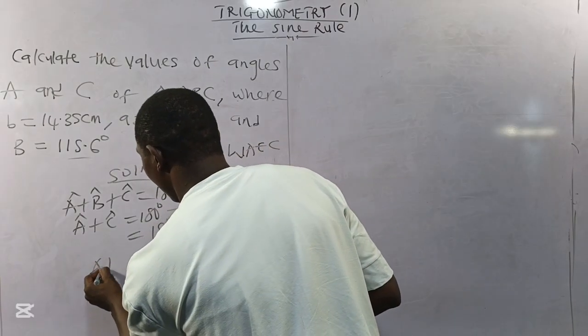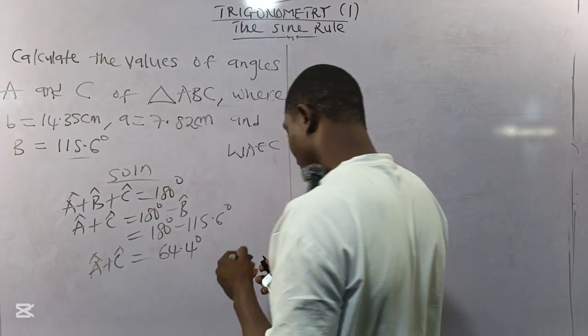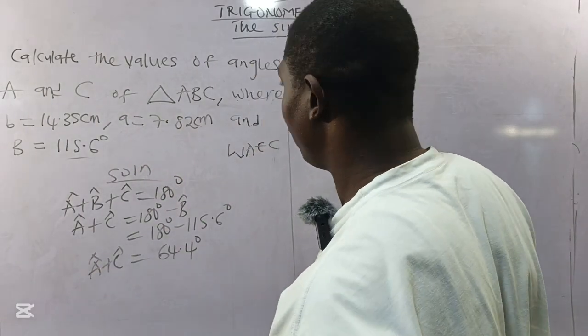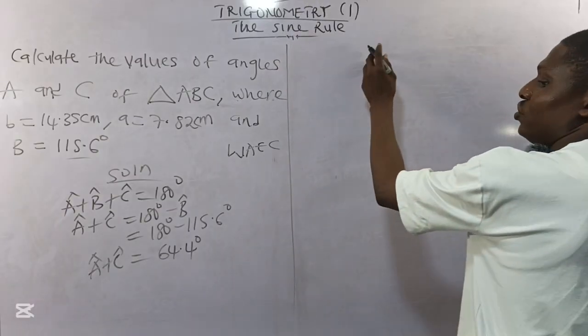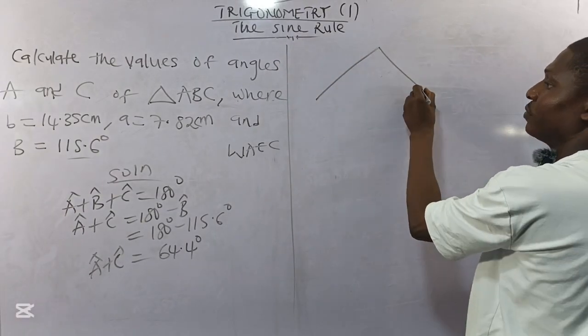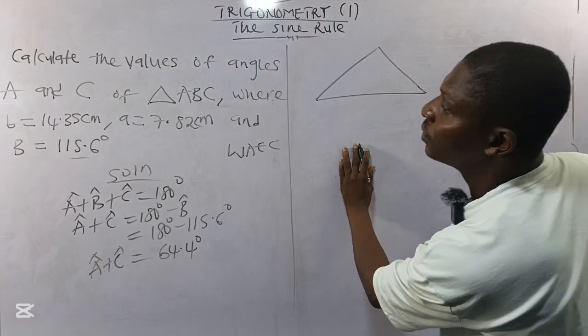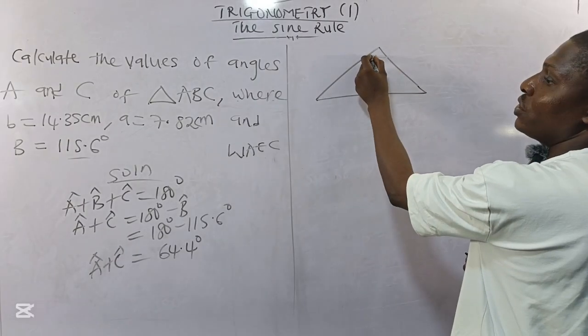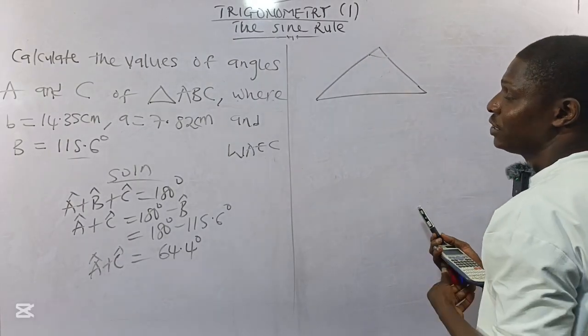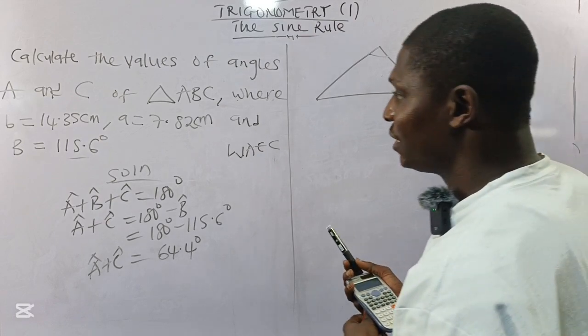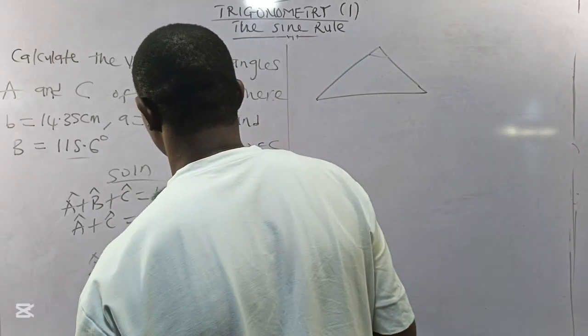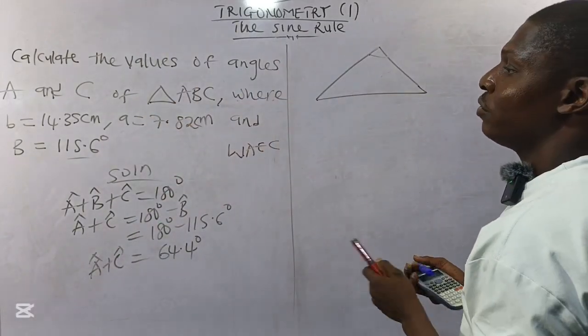Now, angle A plus C will give me 64.4 degrees. And let's draw our diagram. Our angle B is the biggest angle, because it's already greater than 90. As long as it's greater than 90, you must know that it's the biggest angle.